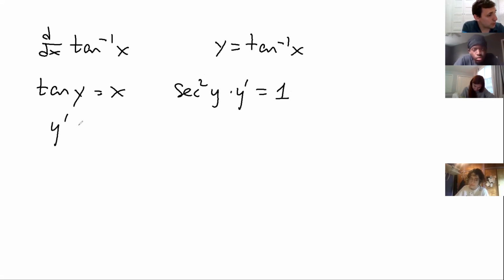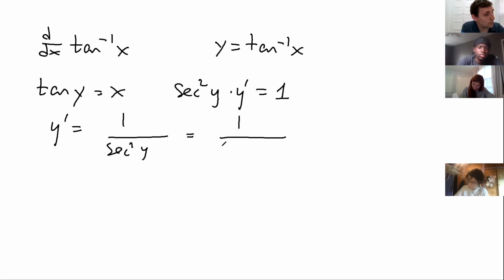So here we have that y prime is equal to 1 over secant squared y, which is simply 1 over secant squared tangent inverse x. Notice it's secant squared, guys. Yes? So what do we draw here, a triangle?